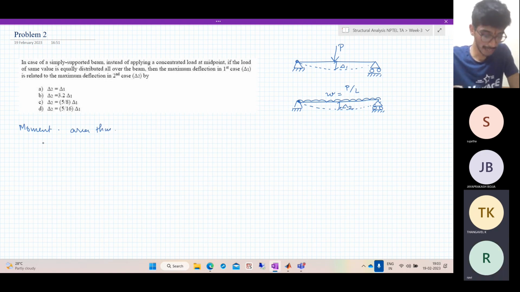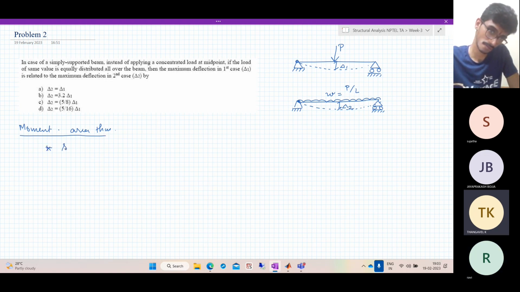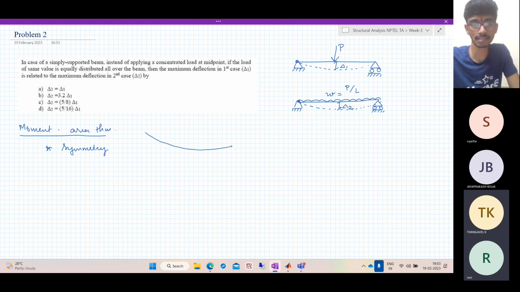Now, before that, let us also use symmetry. If you see the deformed shape, in both cases it will be something like this, and at these 2 points the displacements are 0. The center is a line of symmetry. The reactions are the same, the bending moments are the same, and the displacements are the same.